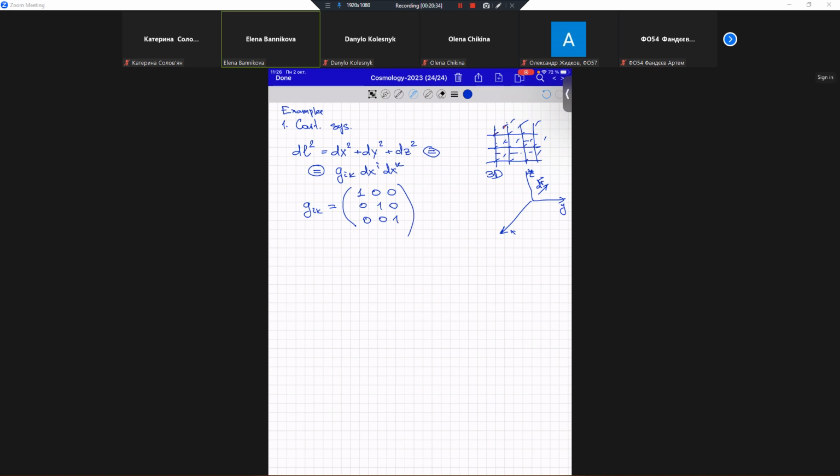We have only diagonal elements, and sometimes I will write it like this, which is the same, just not to repeat six times or even more zeros. It means that we have only diagonal elements, and for this case I can write that g_ik equals just the 3D unit tensor.